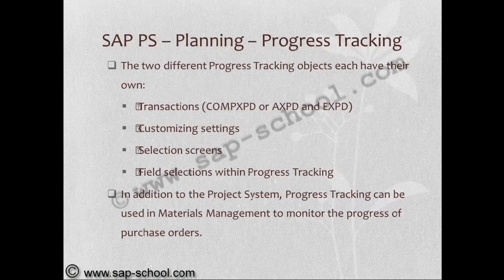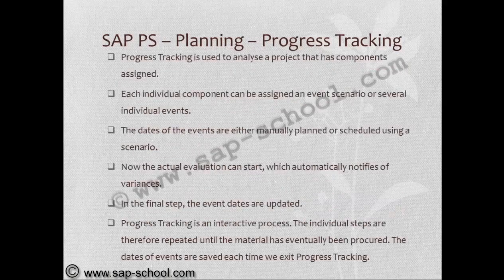Customizing settings, selection screens, field selections within progress tracking. In addition to the project system, progress tracking can be used in material management to monitor the progress of purchase orders. Progress tracking is used to analyze a project that has components assigned.